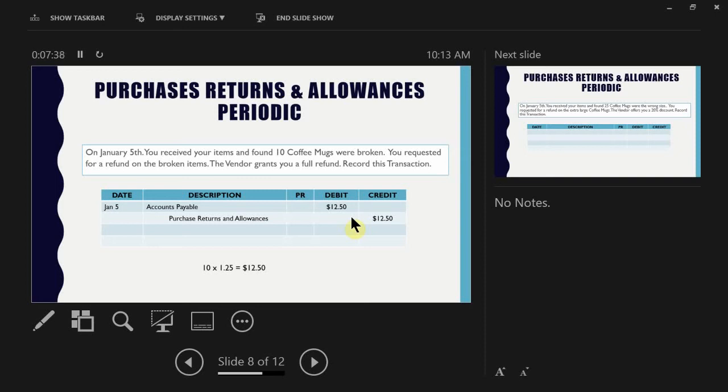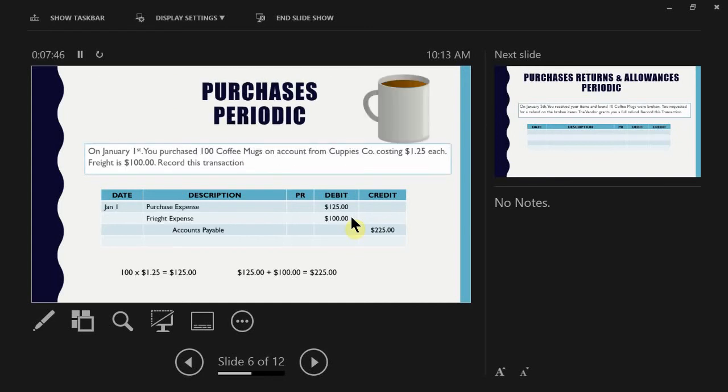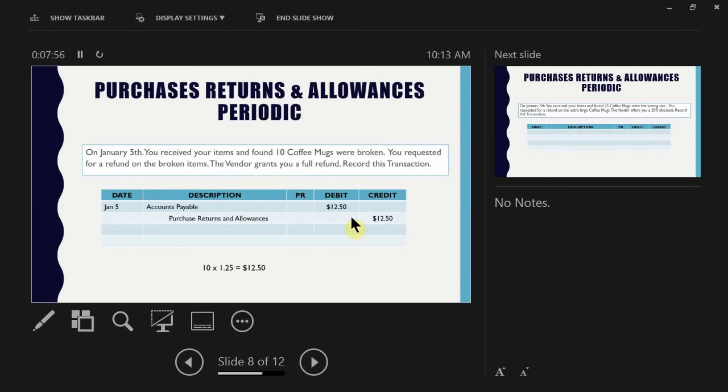So in this case, we're going to lower the amount that we owe to this vendor. Because in the beginning, when we first originally purchased it, we purchased 100 of these items, and it cost me $225. In this case, I need to lower how much I owe by $12.50, and then I'm going to have a contra account to go against my original purchase expense.